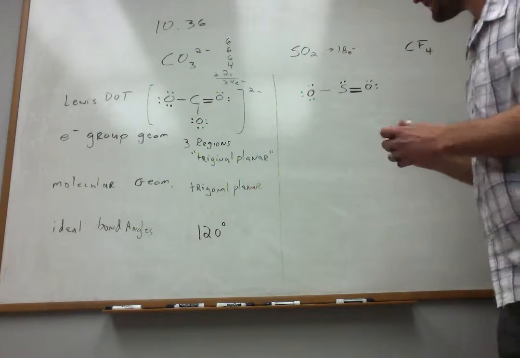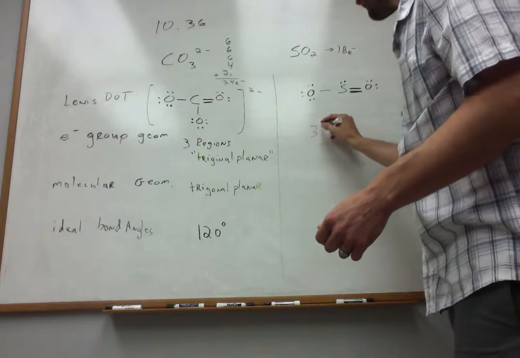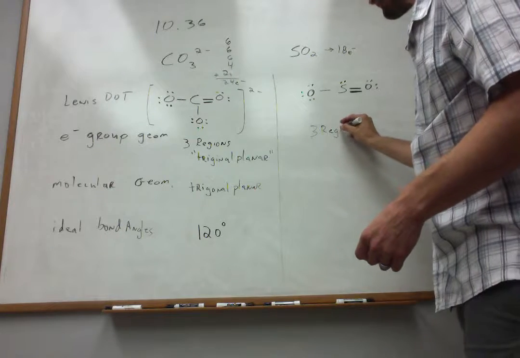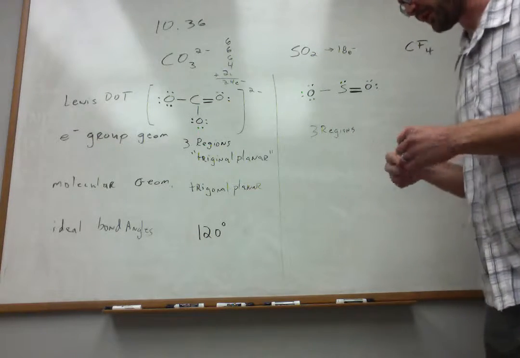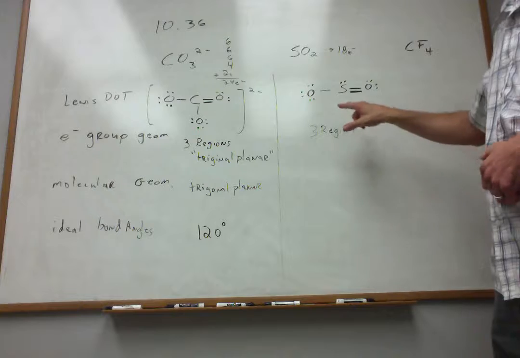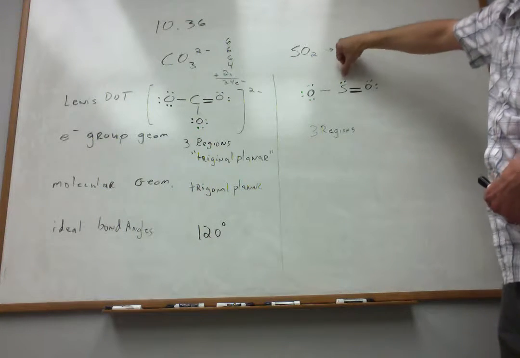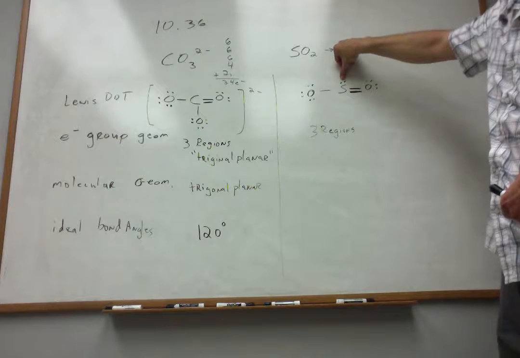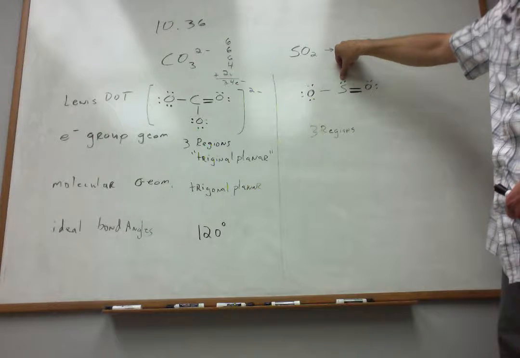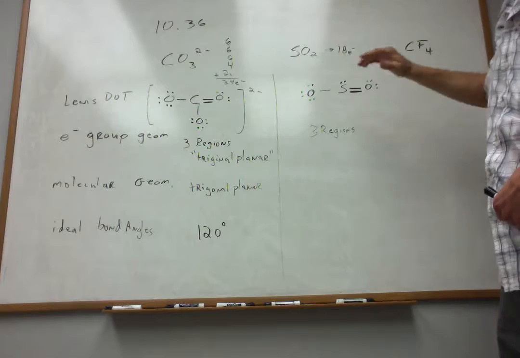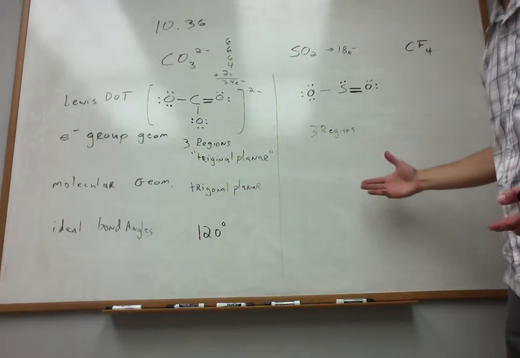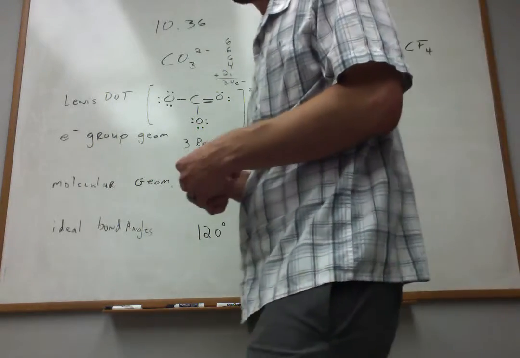In this case, I still have 3 regions of electron density, but the regions are just a little bit different here, right? Because now I've got 2 bonding regions, and this third one is just a lone pair of electrons on the central sulfur. So I've got 2 bonds and 1 lone pair, but that still adds up to 3, I guess is kind of what I'm saying here, okay?